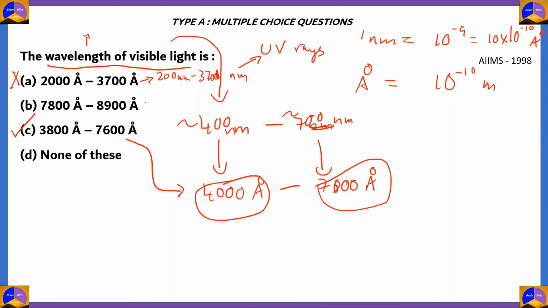And 7,800 to 8,900 is greater than 7,000 angstrom. So basically, this is the wavelength for infrared. So option B is incorrect. And since option C is correct, we can safely say that option D is incorrect. So the right answer is option C, 3,800 angstroms to 7,600 angstrom.